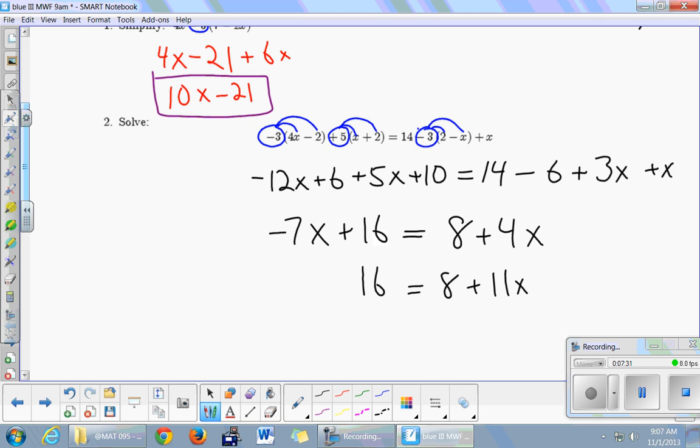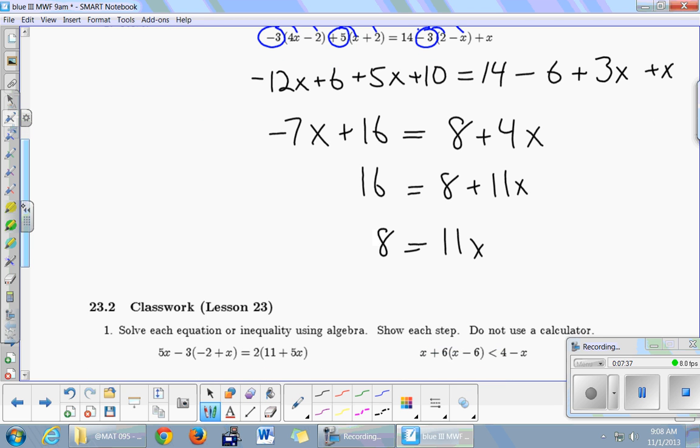Subtract the 8. And then finally divide by 11. Any questions on that one?